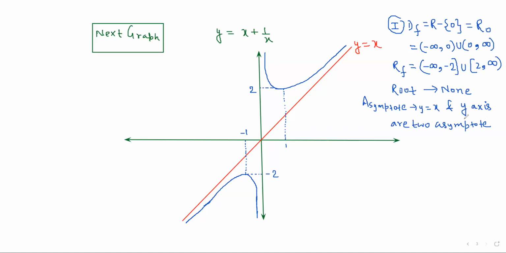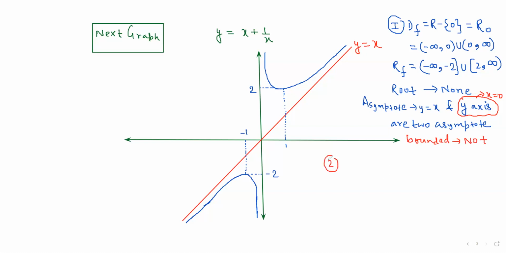Okay. Now, the y-axis means x is equal to 0. That is very important. The y-axis means x is equal to 0. Is the graph bounded or not? Not bounded. That is point number 1.